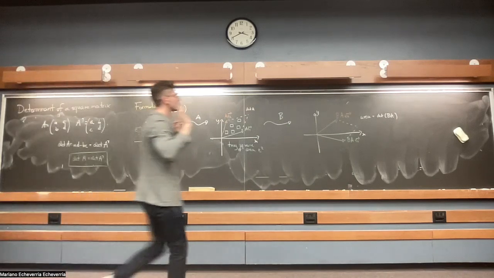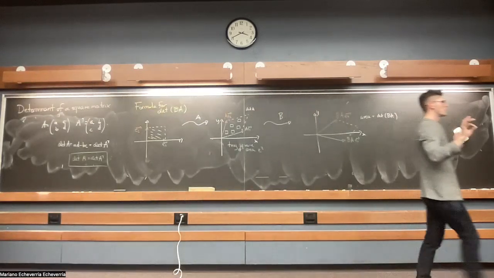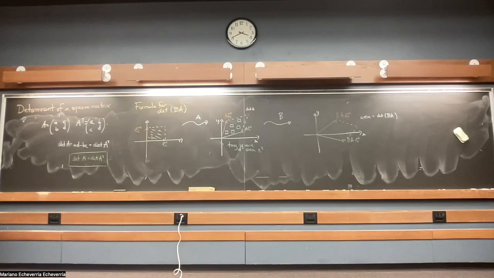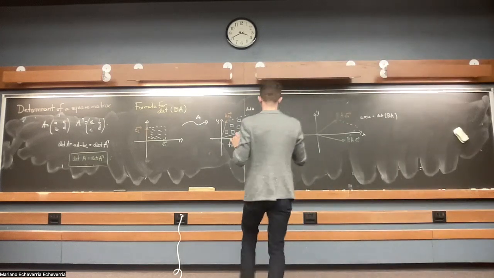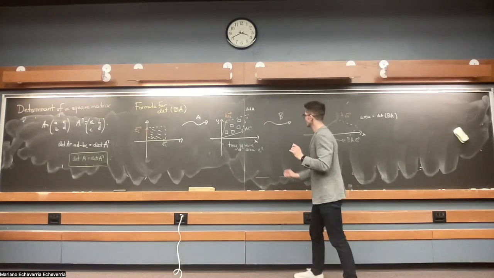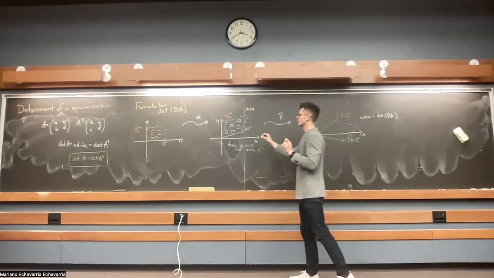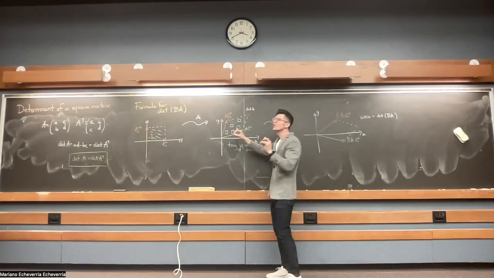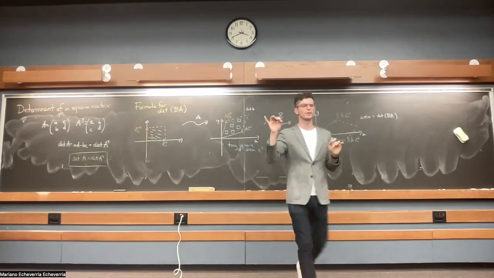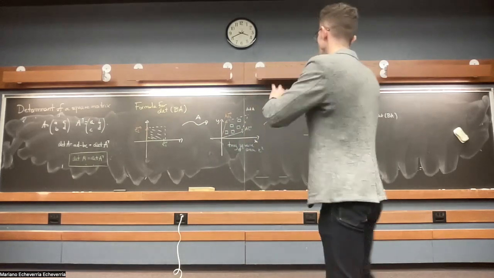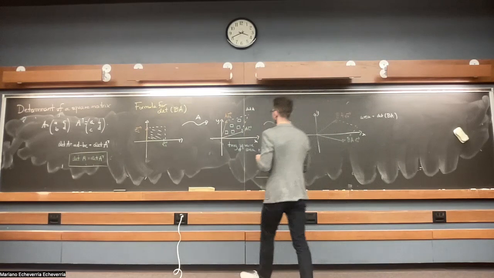And if this is covered with very small squares, there's almost no gap between what you get by covering with squares and all the area of the parallelogram.